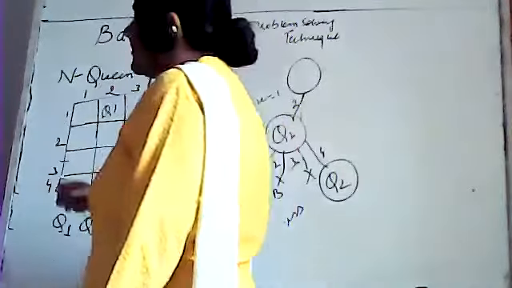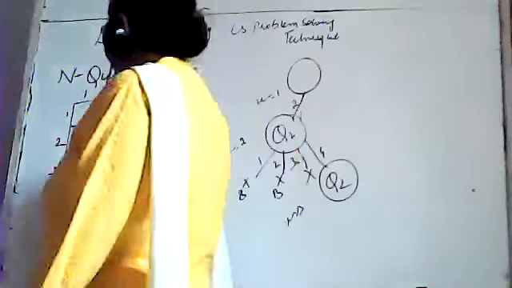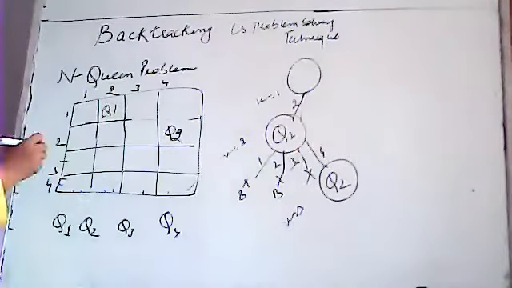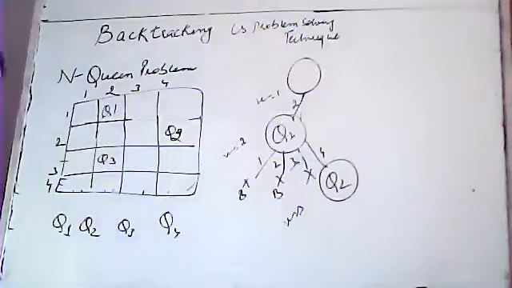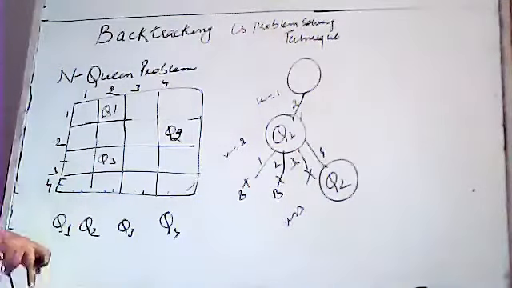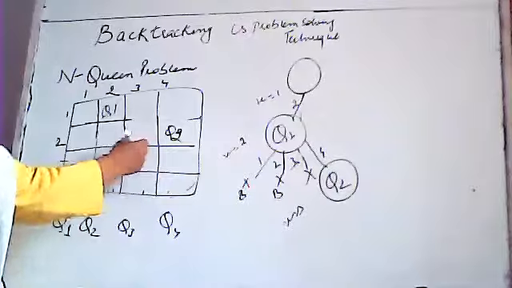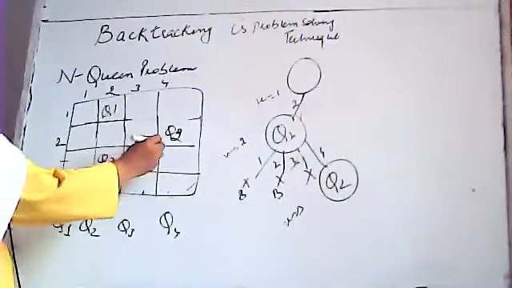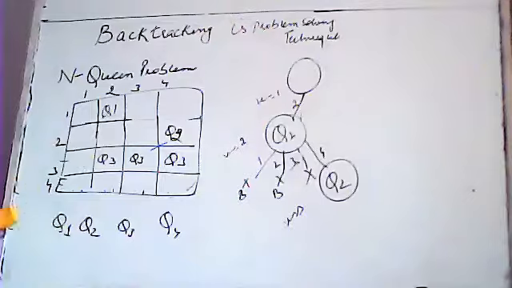queen 3? First column. Why first column? See, if I put Q3 here, it will be in the same column. Okay. Can I put here? No, because they are in the same diagonal. Can I put here Q3? No, because they are in the same column.